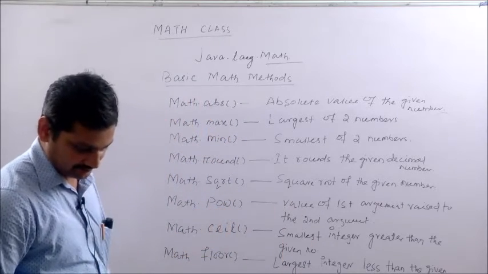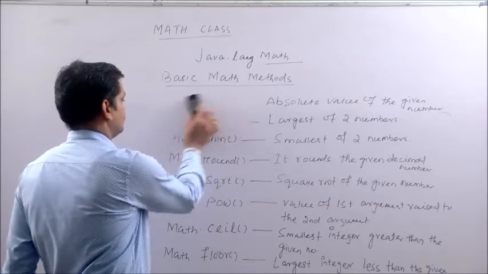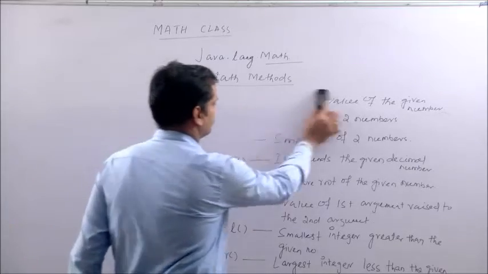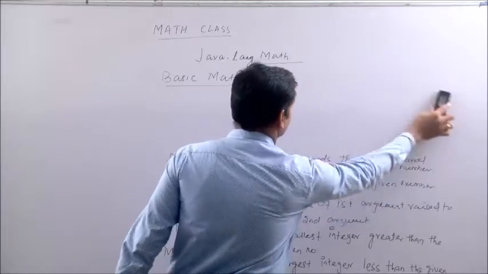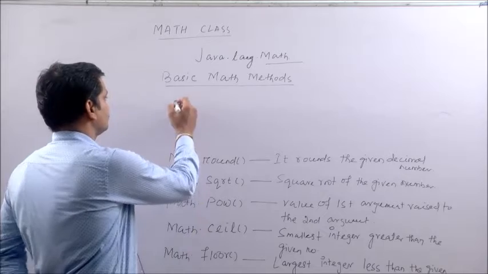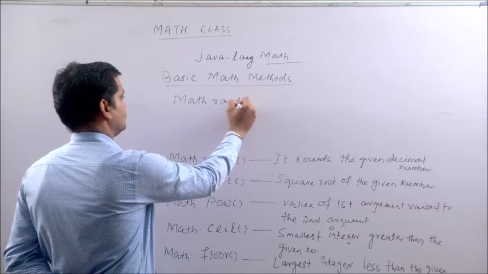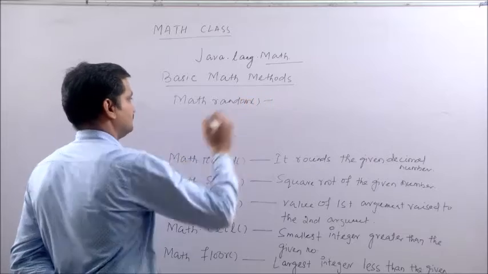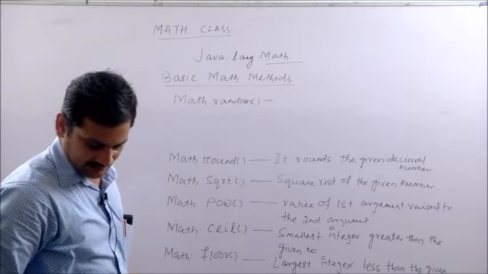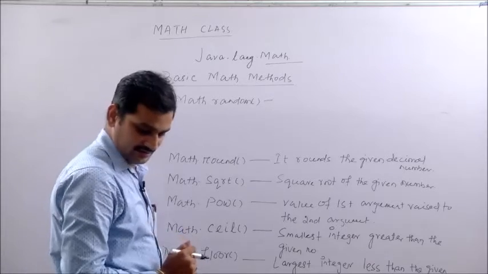Another most important and mostly used method is random. Math is the class name and the method is random. It gives a double value with a positive sign, greater than or equal to 0 and less than 1.